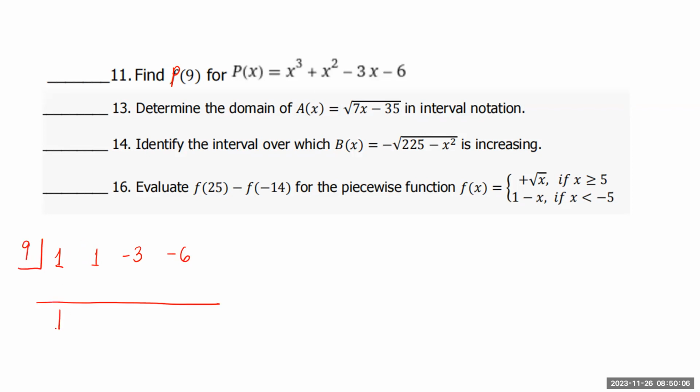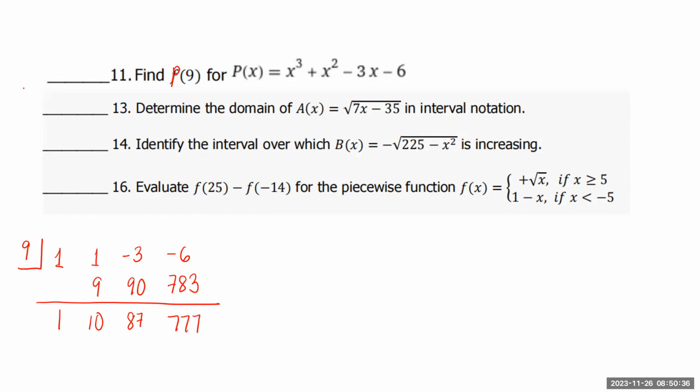Again, bring down the first term, multiply, add, multiply, add, and then multiply 87 times 9, that is 783, and then 783 plus -6, that is 777.